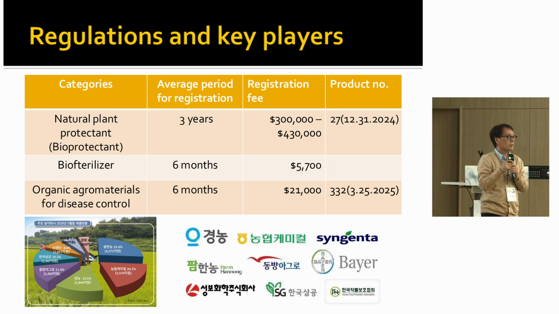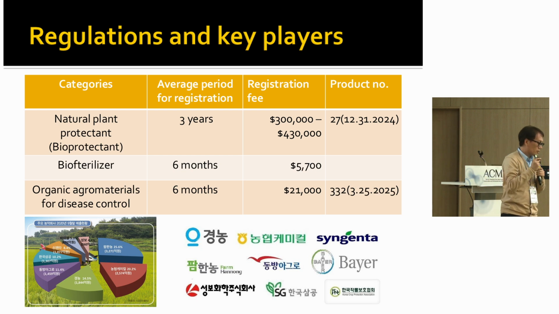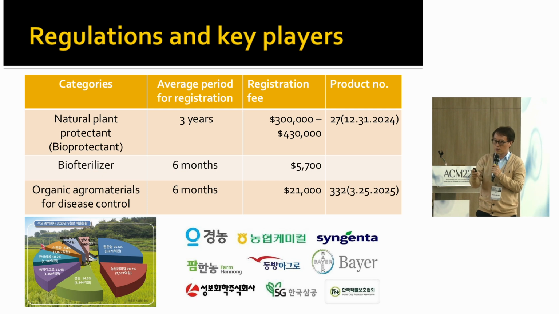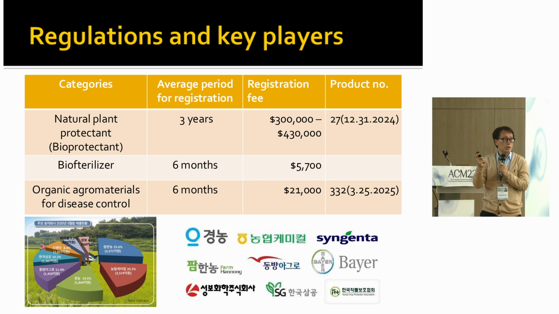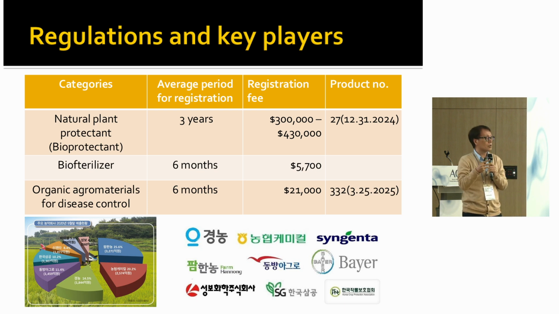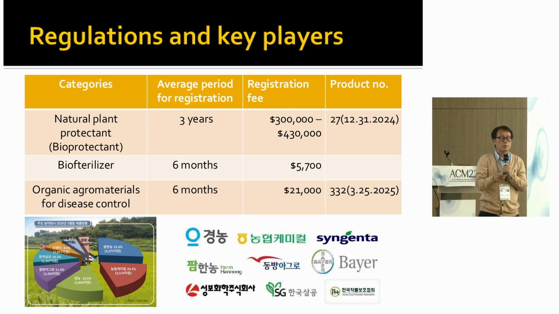Let me introduce a little bit of how Korea differs from other countries. We have very unique regulations. Actually, we have 3 different categories if you want to sell a microbial product.